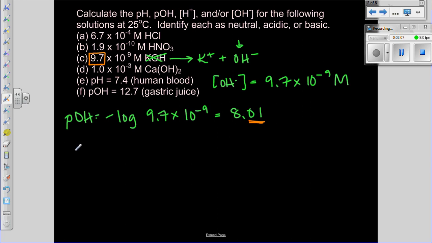So to get pH, I'm basically doing 14 minus pOH, which is 14 minus 8.01. So that will give us 5.99.